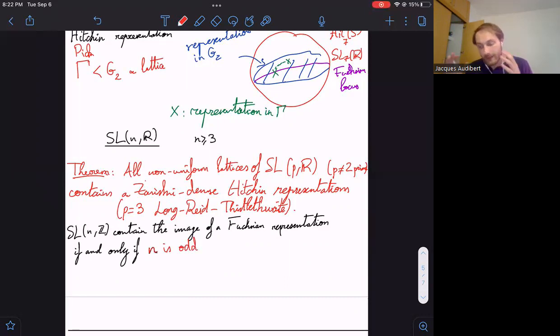So, for example, SL4Z does not contain any representation in the Fuchsian locus, but contains a Hitchin representation by the result of Long and Thistlethwaite. But that means that you cannot construct a Hitchin representation in SL4Z by deforming one that would already be in the Fuchsian locus and in SL4Z.